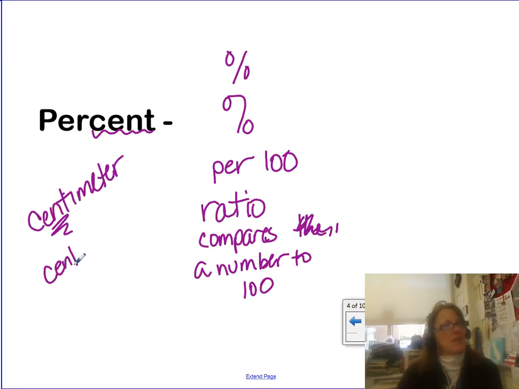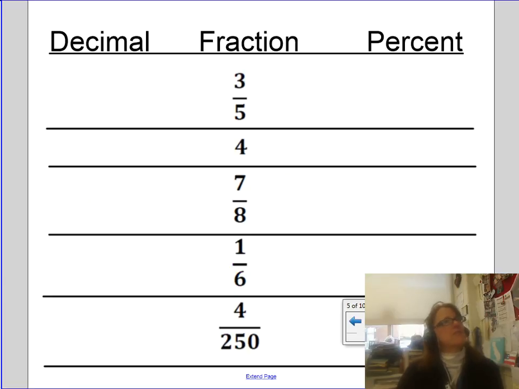We can think of money. We talk about cents. There are 100 cents in a dollar. Oh, maybe century. That's a good one. 100 years. Centipede. Ugh. 100 legs. Oh, that's too gross to think about. Let's move on.